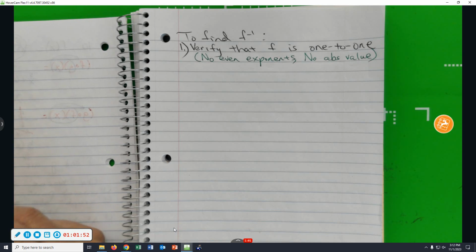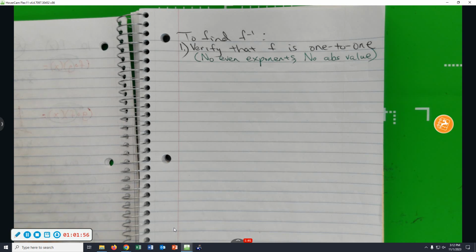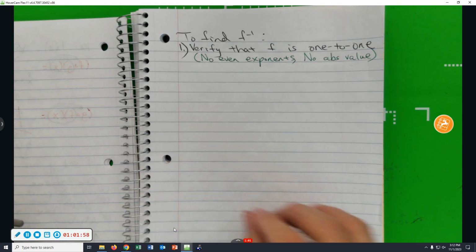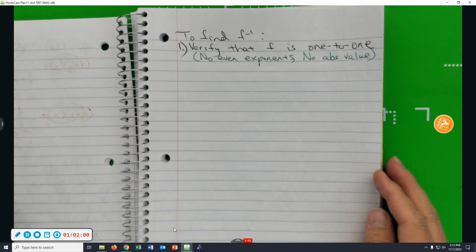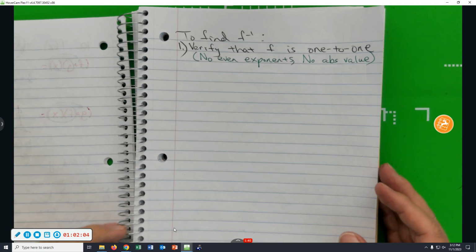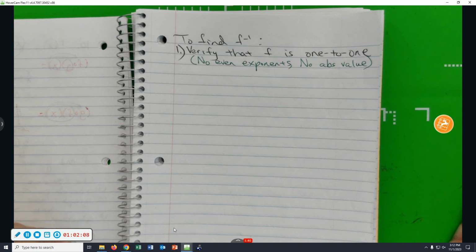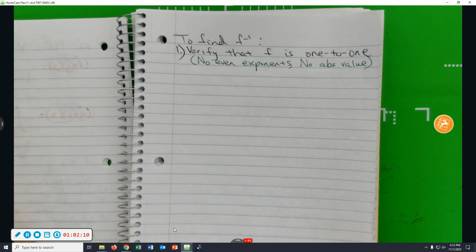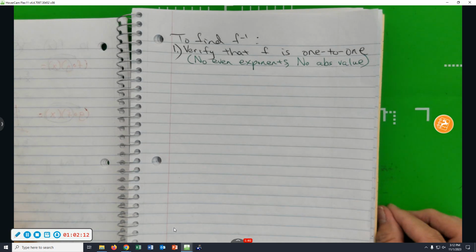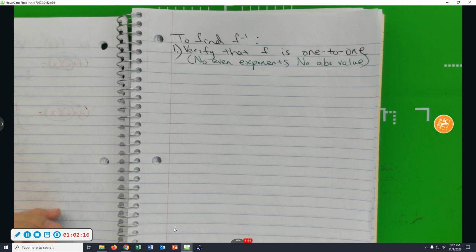An odd exponent is fine, because odd exponents don't take negative quantities and change them to positive quantities. That's the whole problem here. That's why we ran into those complex numbers, because when you take a negative and square it, it gives you a positive. Even exponents change the sign on the result.